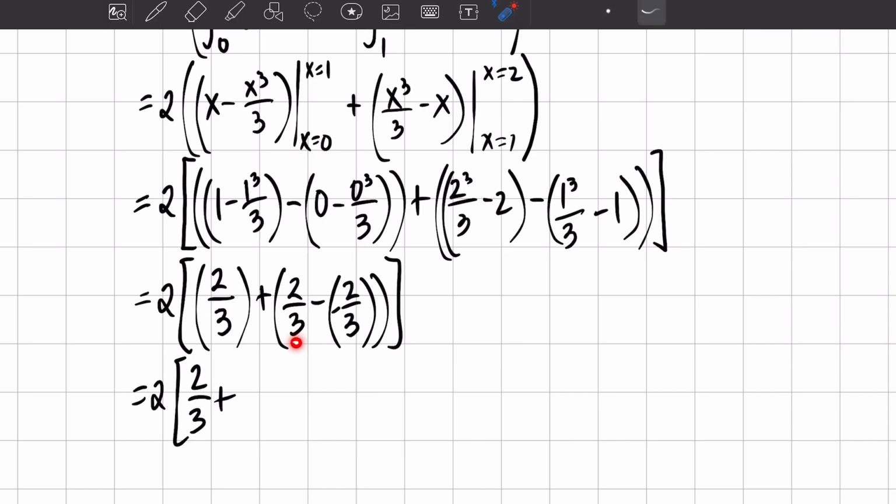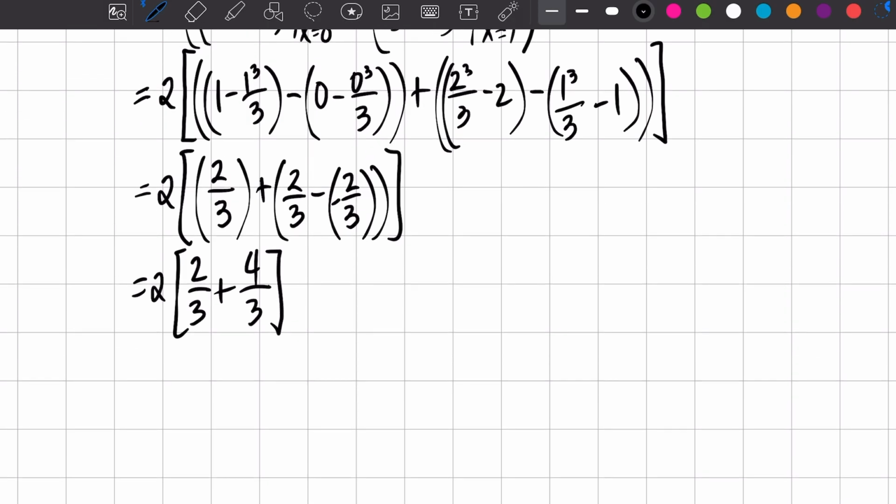So we have 2 thirds minus negative 2 thirds, that's just 4 over 3. So we have 4 over 3 here. And 2 over 3 plus 4 over 3 is just 6 over 3, which is equal to 2. So that's 2 times 2, which is equal to 4.